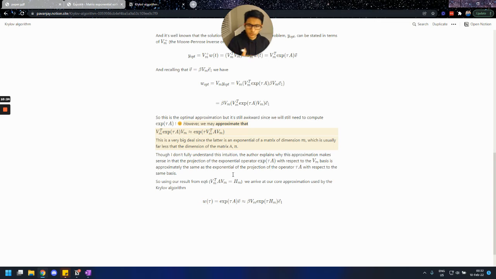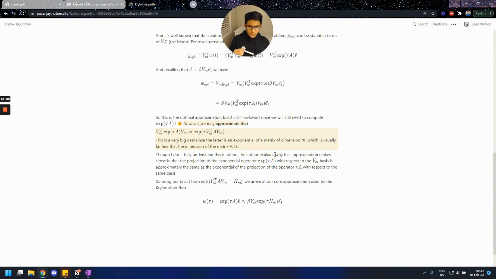And I don't fully understand this intuition, but they say that this approximation makes sense because, in a sense, the projection of the exponential operator with respect to the V sub m basis, which is an orthonormal basis for the Krylov subspace, is approximately the same as the exponential of the projection of the operator with respect to the same basis.